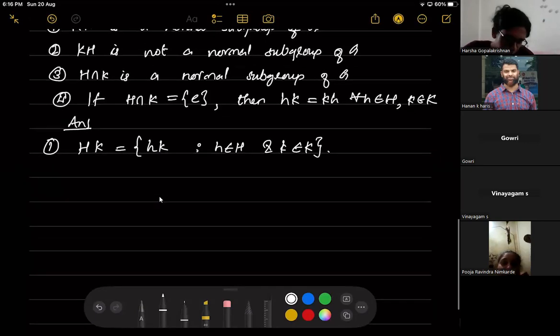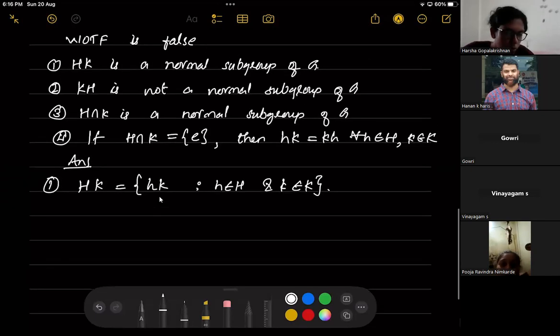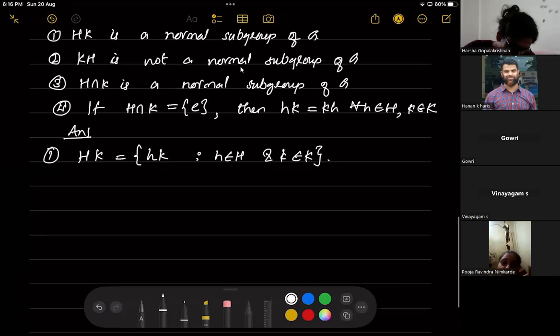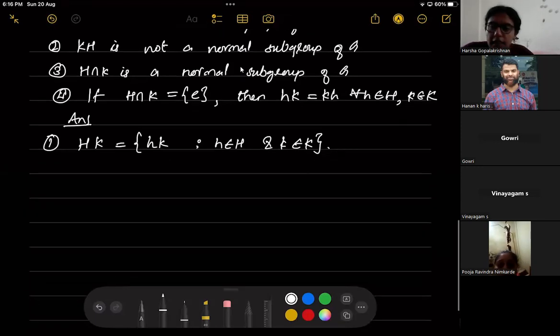We need to check whether it is a normal subgroup of G or not. Now, first of all, is it a subgroup? First of all, we need to check whether HK is a subgroup of G. So, what are all the conditions we need to check?